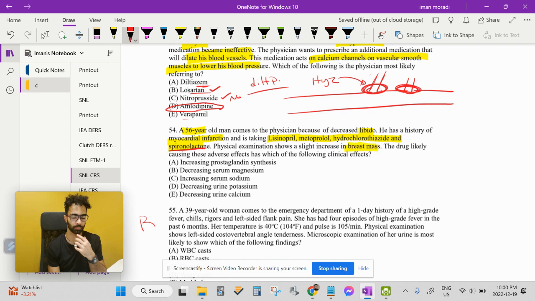Spironolactone has a lot of high yield points. So I already told you, what does it block? It's a mineralocorticoid blocker, right? Mineralocorticoid is a corticosteroid type of hormone, right? It's all the ones that are derived from cholesterol, so they're all kind of similar to each other.